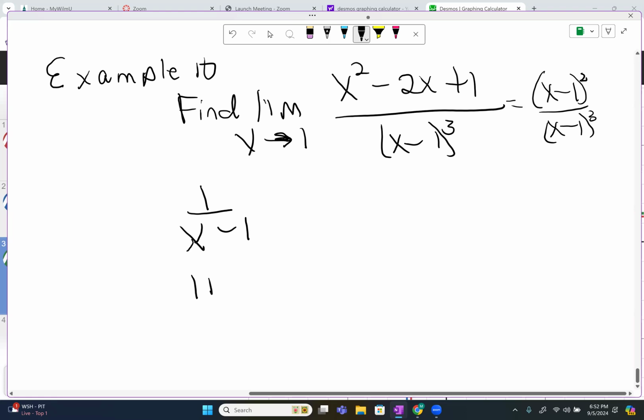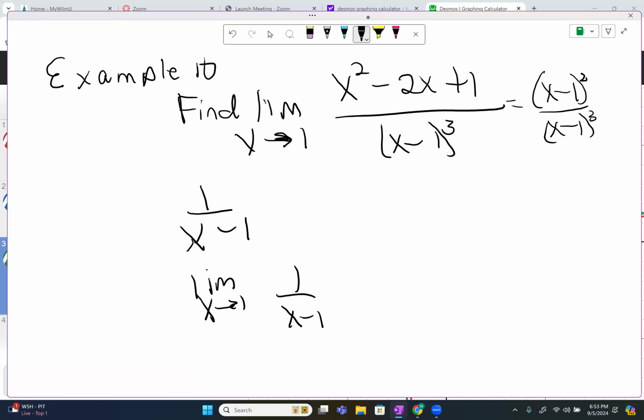So the limit as x approaches 1, in this case, becomes the equality rule for limits. You notice in this case, if I look at this as 1 over x minus 1, as x approaches 1, this becomes 0. So in this case, it's undefined.